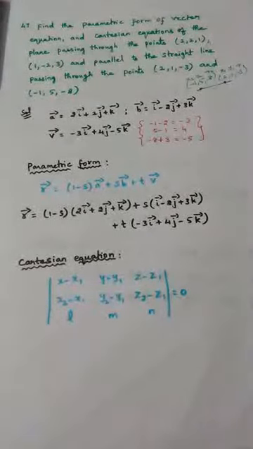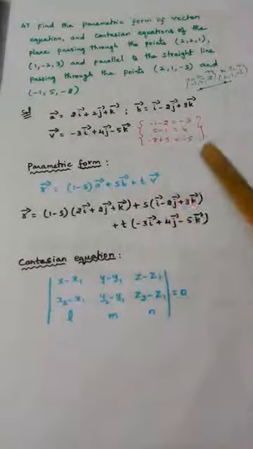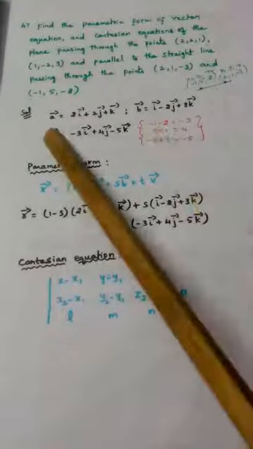But here it is not the case. The equation was not given directly. It is indirectly given that 2 points on the straight line are given. From those 2 points we can calculate the parallel vector using the formula x2 minus x1, y2 minus y1, z2 minus z1. That is what we have done here.